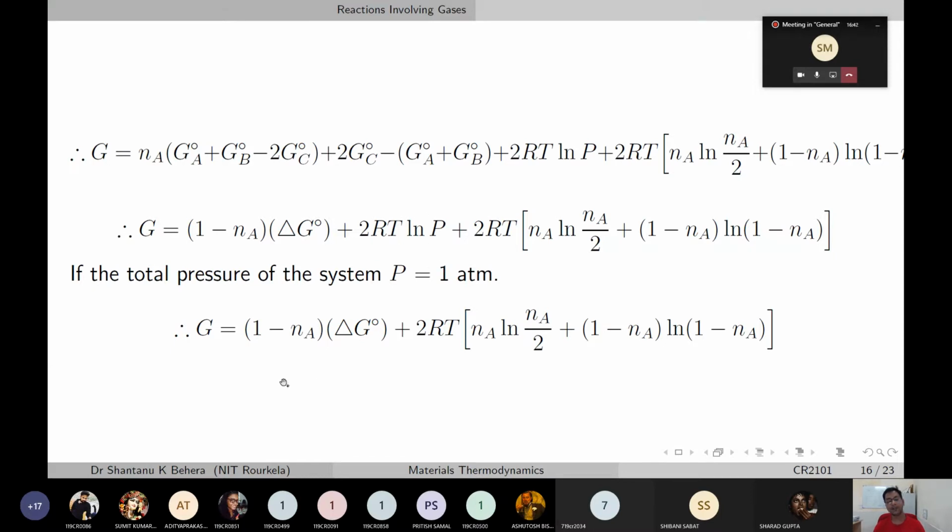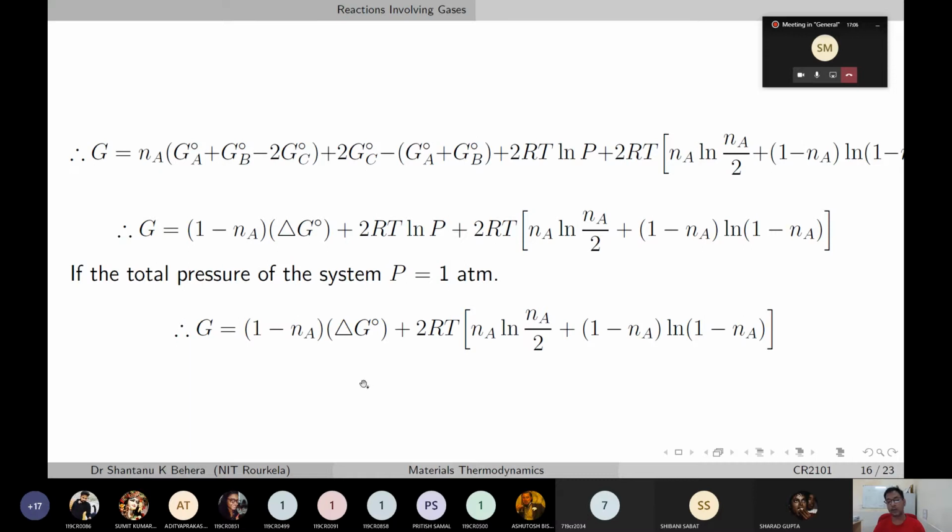So what you're left with here is that G is a combination of a couple of terms. Whatever is there, we can split up into two parts. One is (1 minus Na) into del G0 plus 2RT times this expression, which is Na ln(Na/2) plus (1 minus Na) ln(1 minus Na).